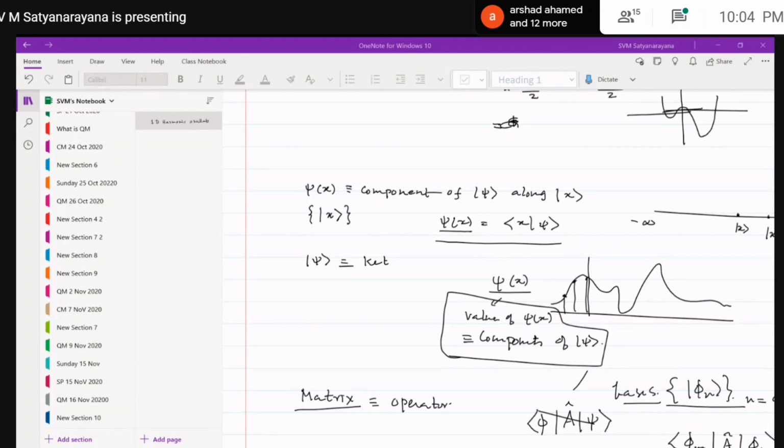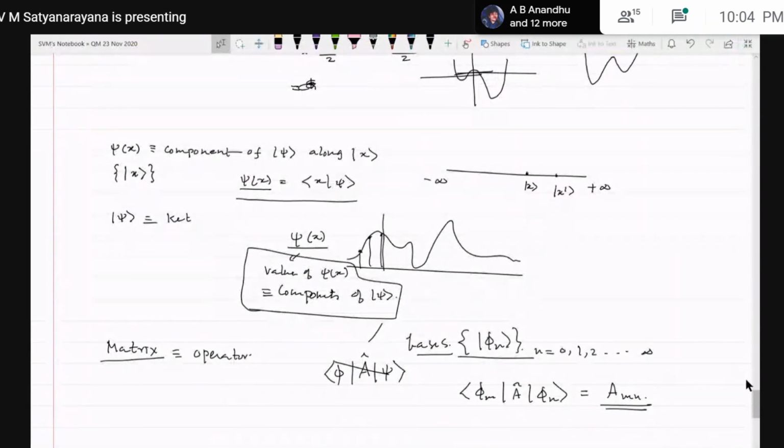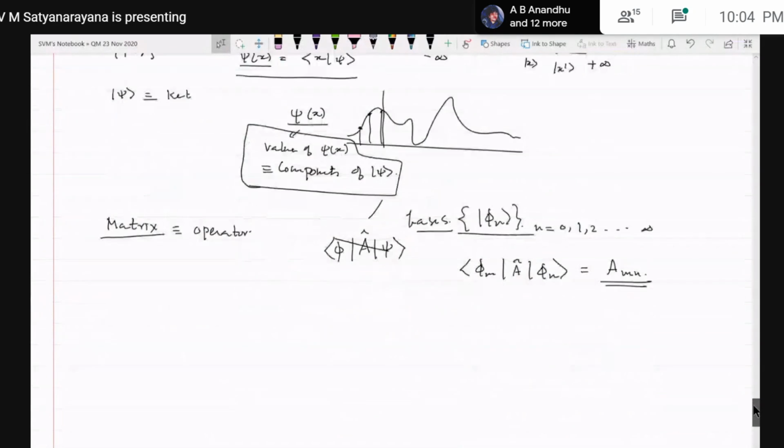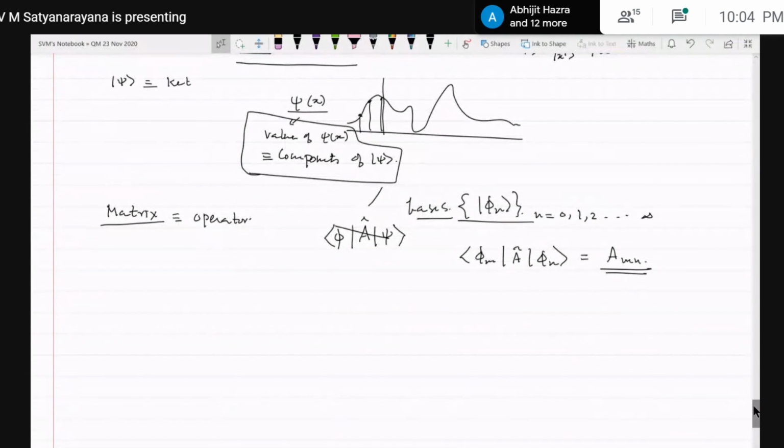Yeah. When we first developed this inner product, I discussed, and I also told you that this was discussed in R. Shankar's first chapter.